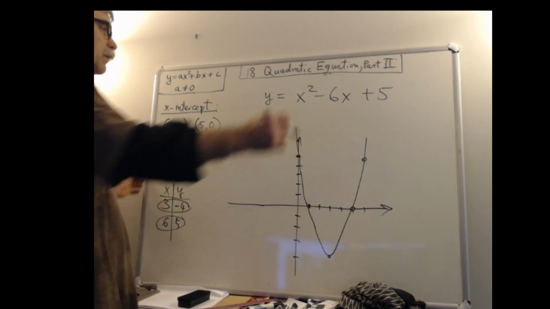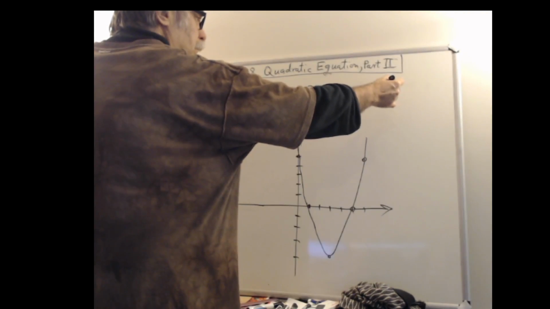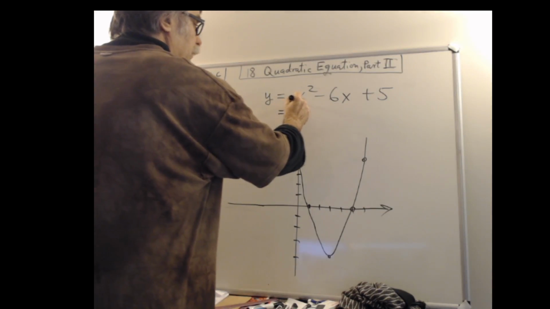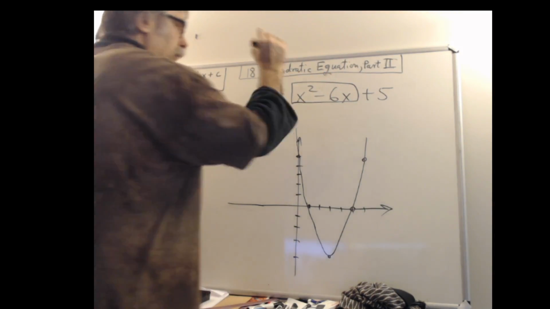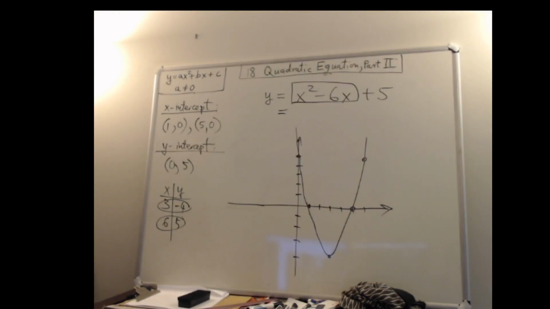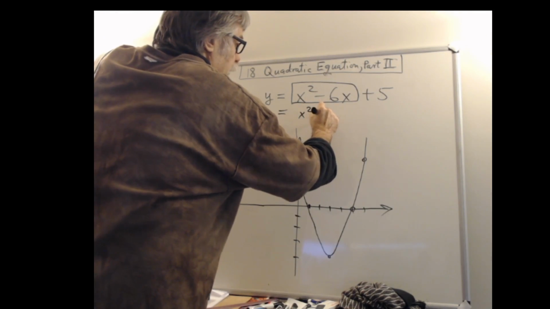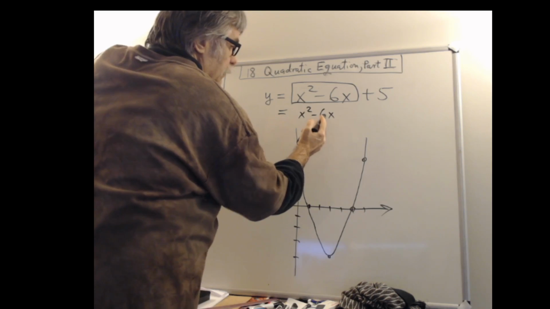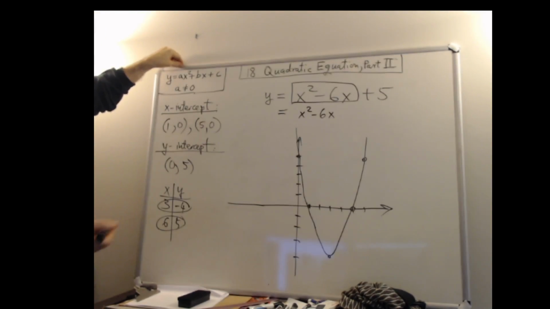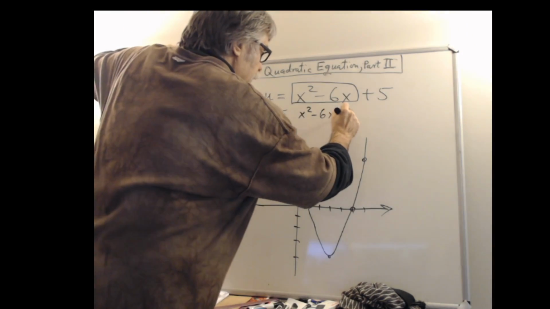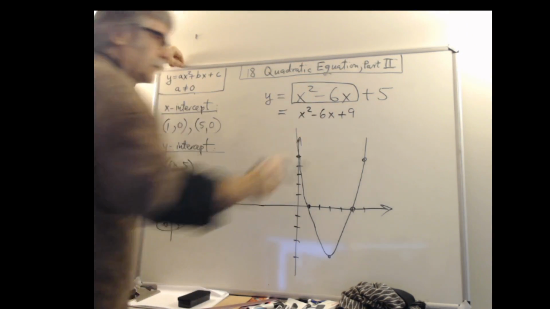I will learn that by completing the square here. And you might wonder, how do I complete the square here? Well, I'm going to complete the square with these two terms. So you have an x squared, you have negative 6x, half of this is negative 3, and that you're going to square and add. That's going to give you 9.